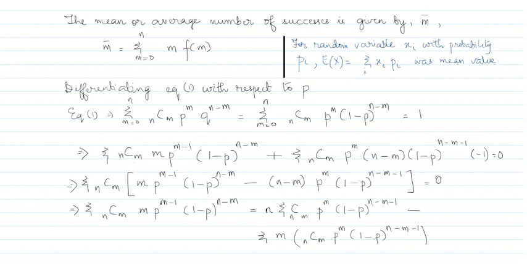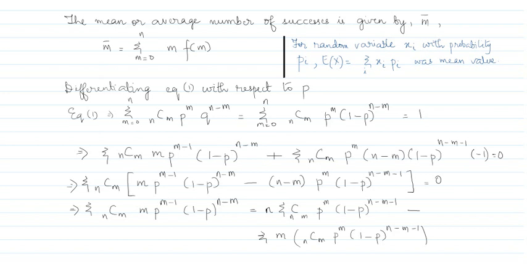Then 1 minus p raised to n minus m. So that's one term plus summation nCm. Now you keep p raised to m as a constant and differentiate the second term. Now this would be my derivative, and when I differentiate my 1, I get a 0 on the RHS.